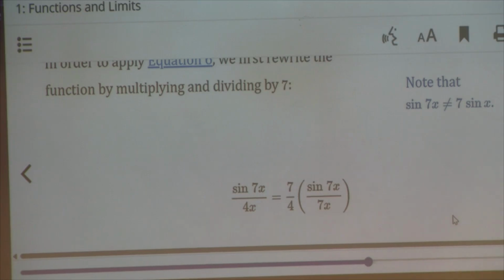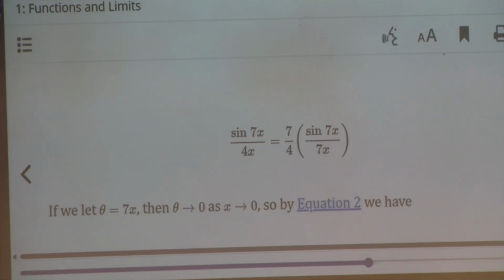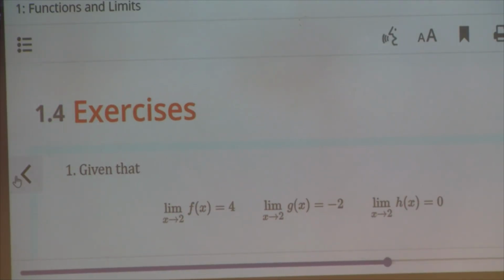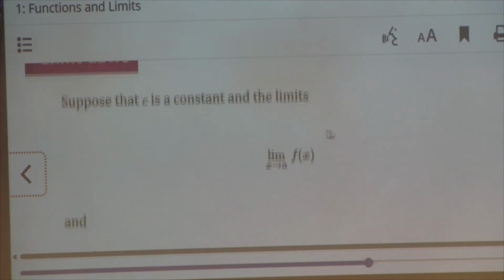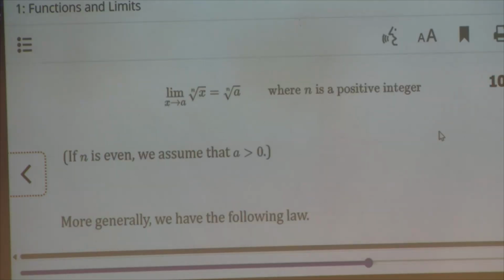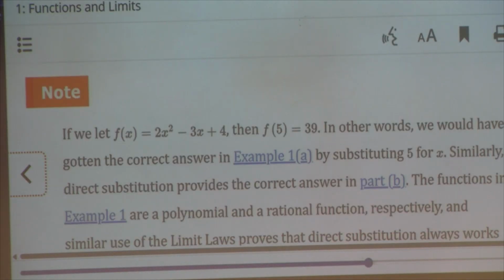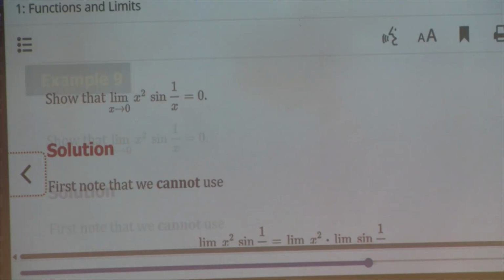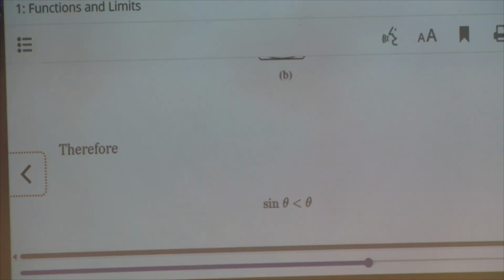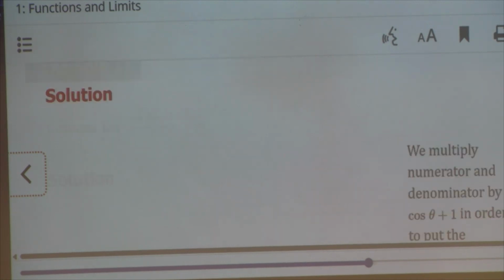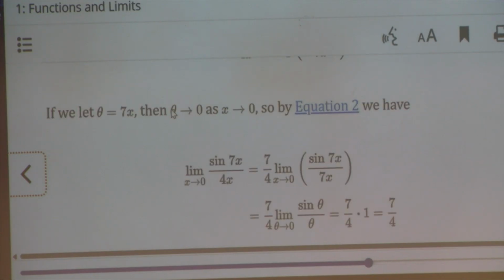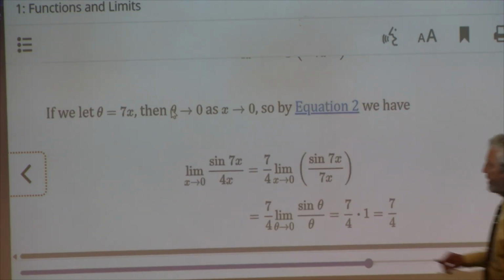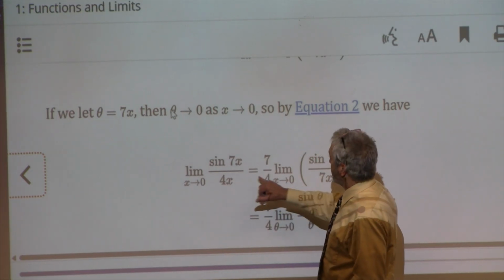But then when you park the limit in front of it, that's the same as parking the limit in front of the other one.